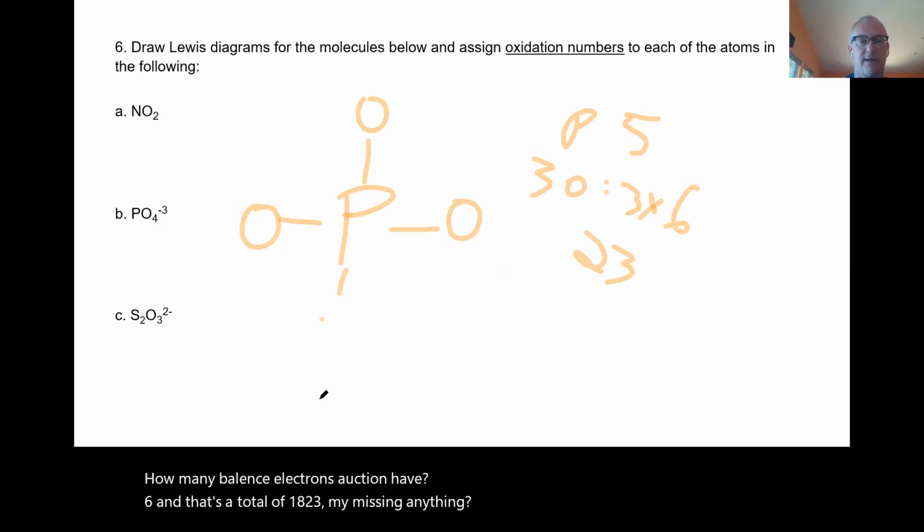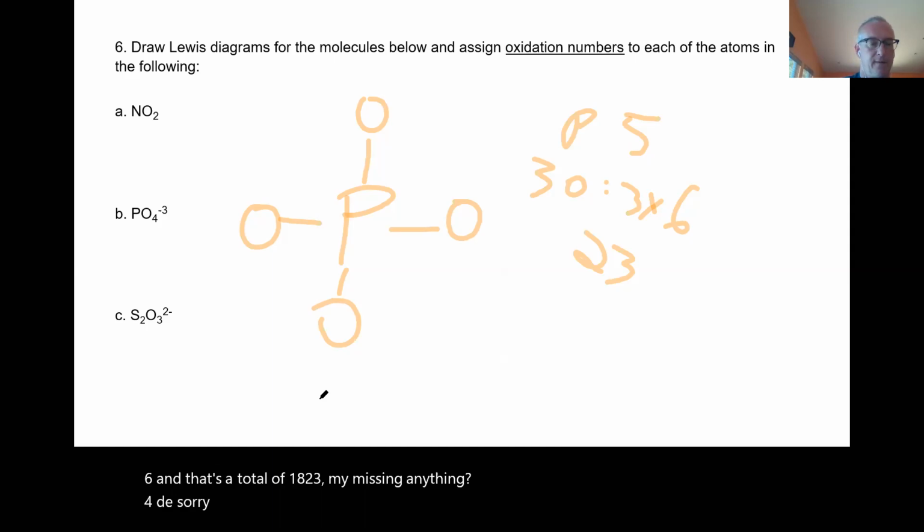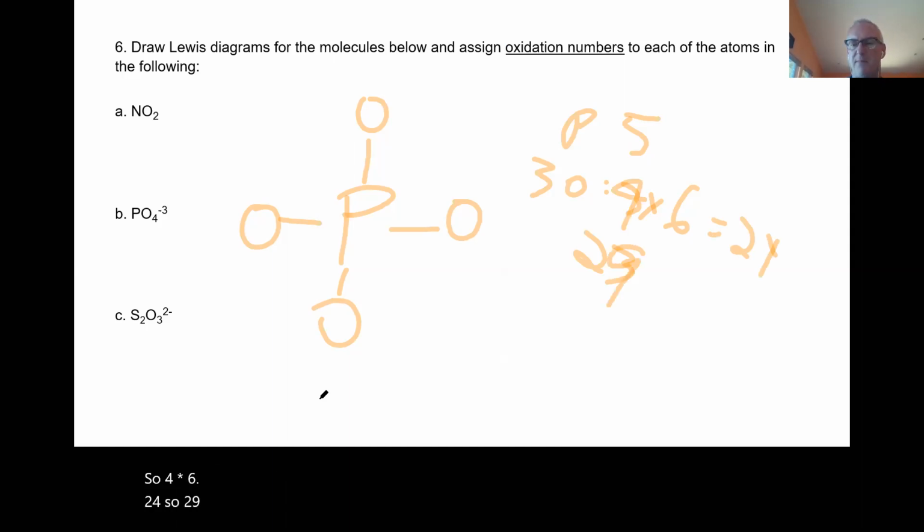Oh, 4 oxygens, sorry. So 4 times 6, 24, so 29 electrons. Am I missing any electrons from this structure? Phosphorus has 5. Yes, the charge.